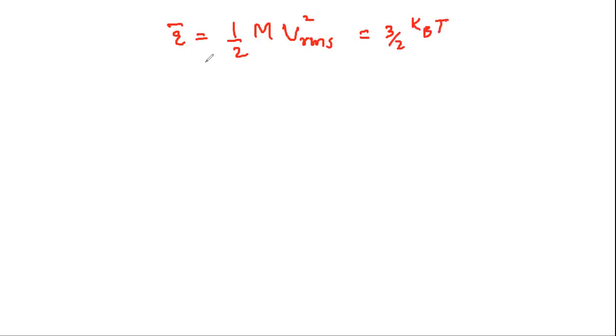This is the average energy per molecule according to kinetic theory. Now, since the total internal energy is N times epsilon bar, it will turn out to be 3 by 2 N kBT.